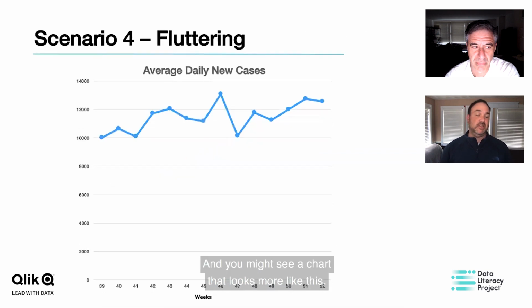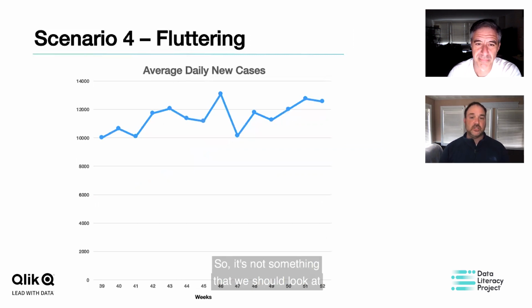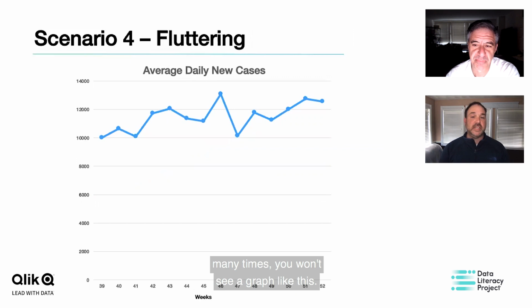And you might see a chart that looks more like this, where it's going up and it's going down. And you can see from week 46 to week 47, there's a gradual decrease, but it goes right back up in 48, right? So it's not something that we should look at in that point in time. To your point, Alan, about time periods, many times you won't see a graph like this.